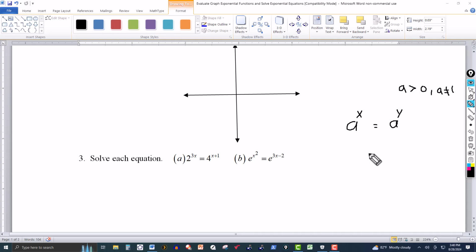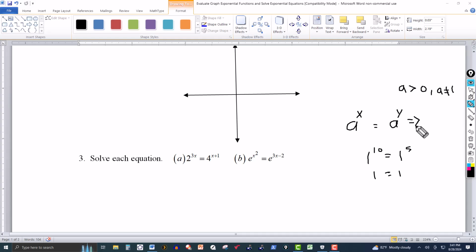So notice 1 to the 10th is still equal to 1 to the 5th. 1 to the 10th is 1, 1 to the 5th is 1. So that's why I want the base to be not equal to 1. Otherwise, it's not going to work.